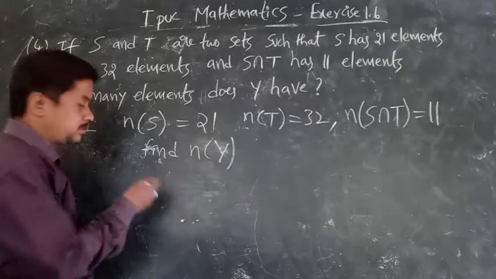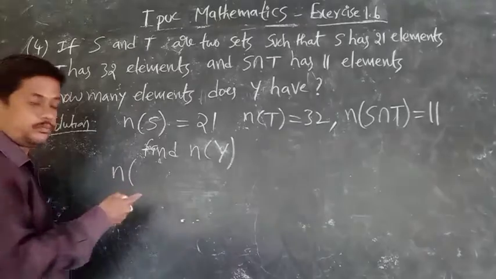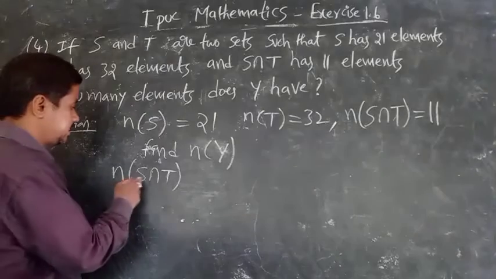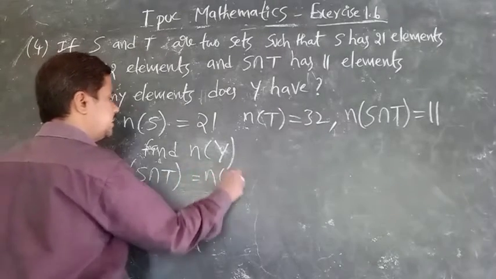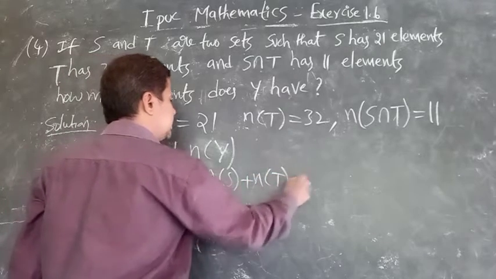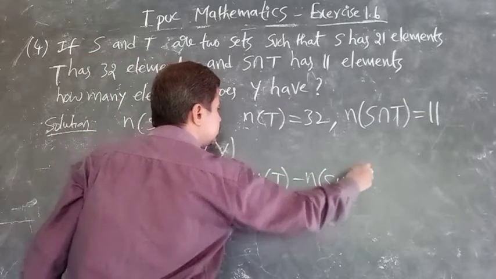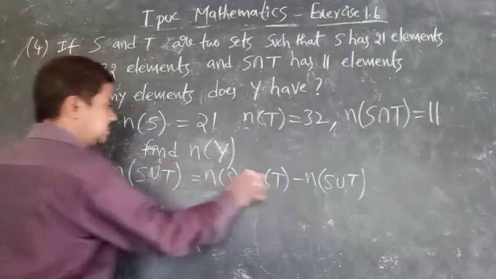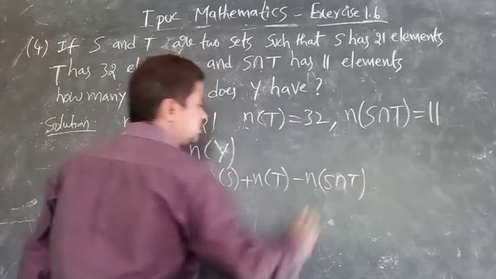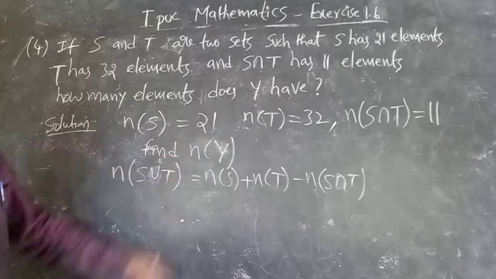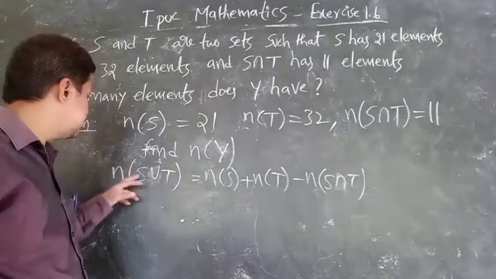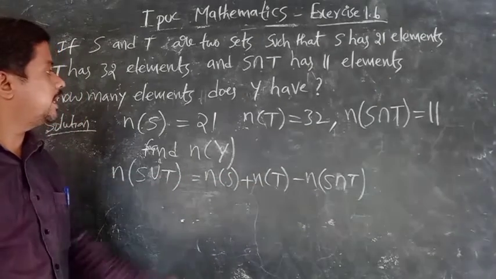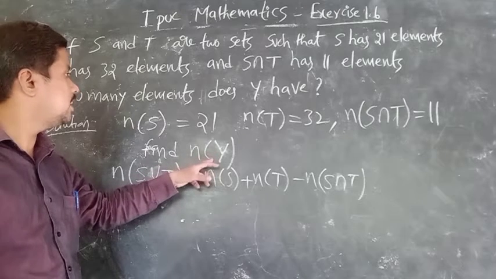The main formula is N of S intersection T equals N of S plus N of T minus N of S union T. Any formula you can use, both are the same. N of S union T equals N of S plus N of T minus N of S intersection T. Here we have to find N of S union T now.